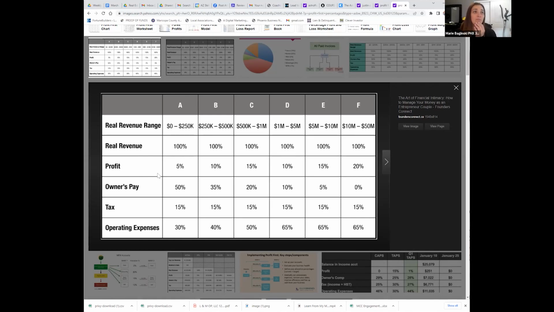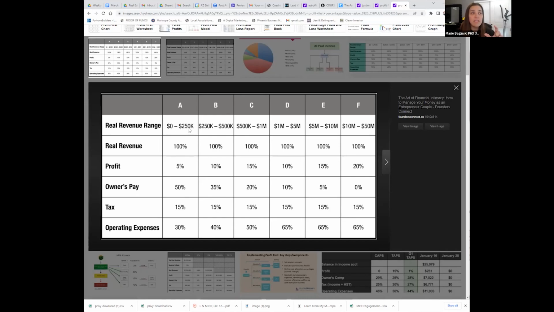In the meantime, I wanted to share this actual clip from one of the pages in the book. Depending on the income range of your business, this is the recommendation on how you should split that up. 15% for taxes across the board, but there are differences in operating expenses versus how much you pay yourself.